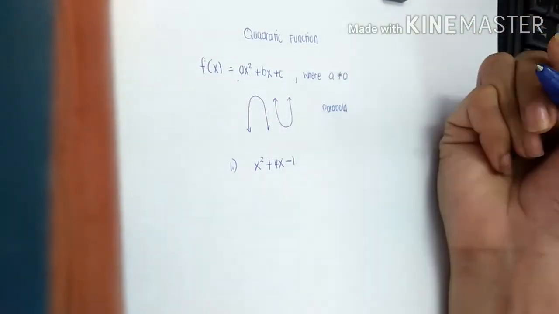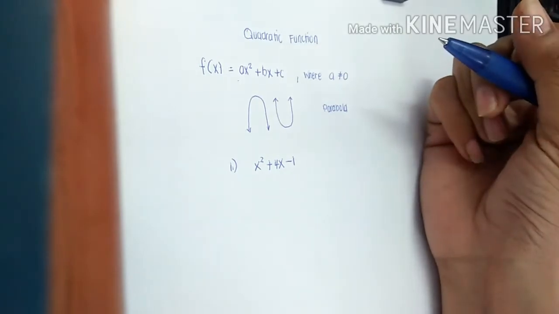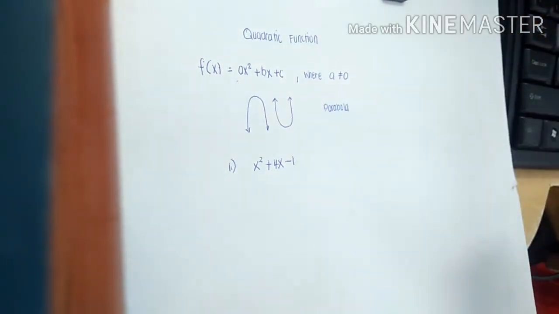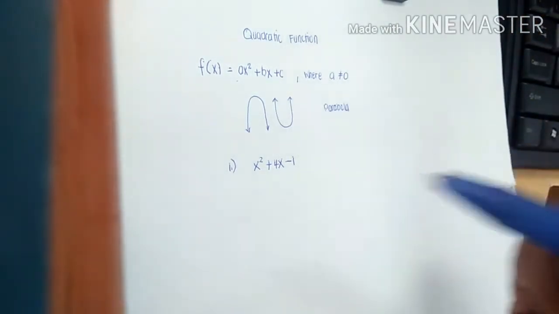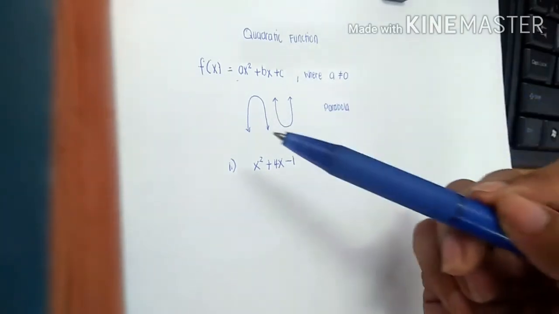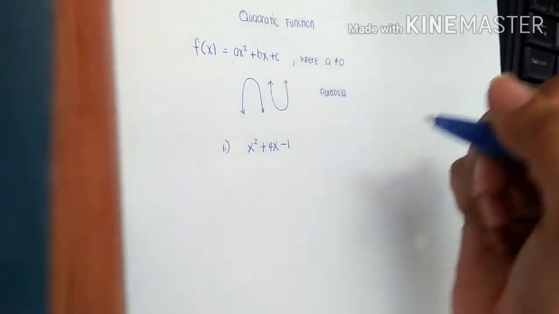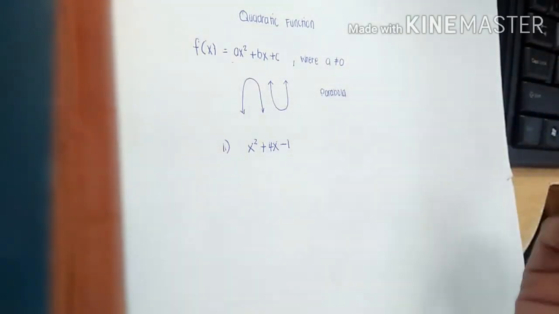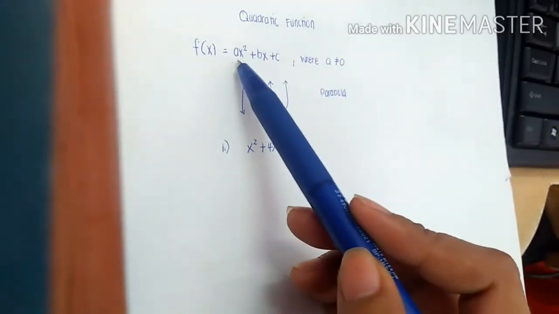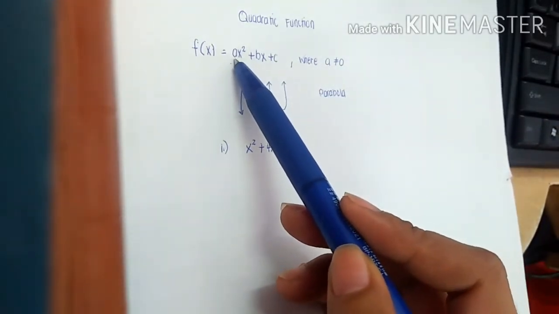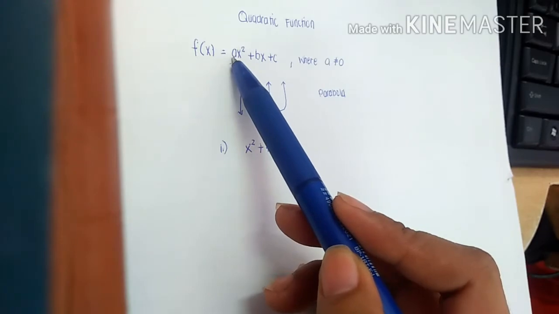Parabola. A parabola may open upward or downward, depending on the equation. This is the sign: the leading coefficient, the number before the variable.